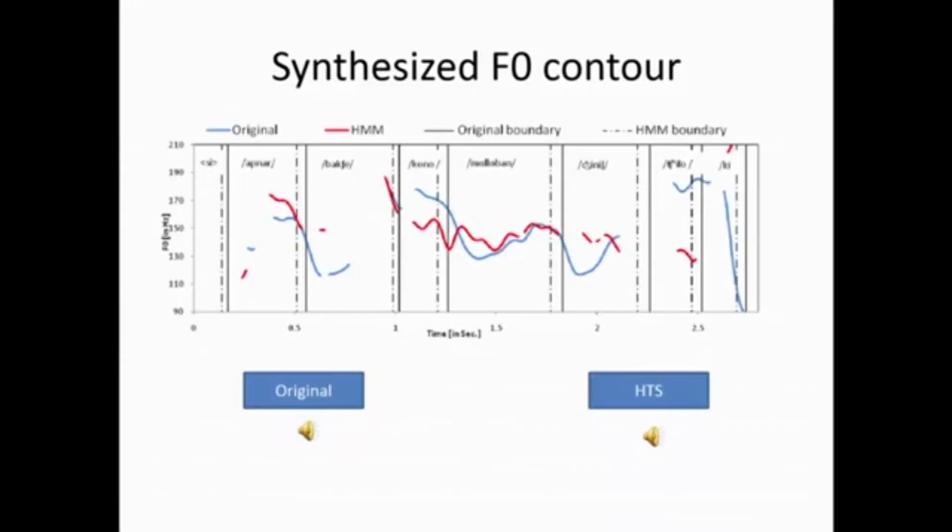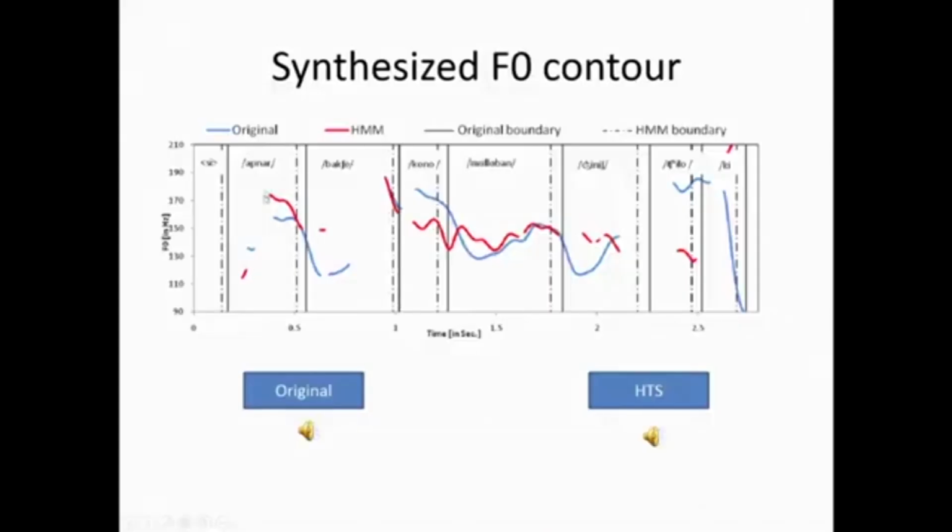Based on this idea, when we developed our Bengali HTS TTS, we first developed the Bengali HTS. The blue line indicates the original F0, and the red line indicates the HMM synthesis, meaning I trained the HTS system without any F0 modification and synthesized a sentence.